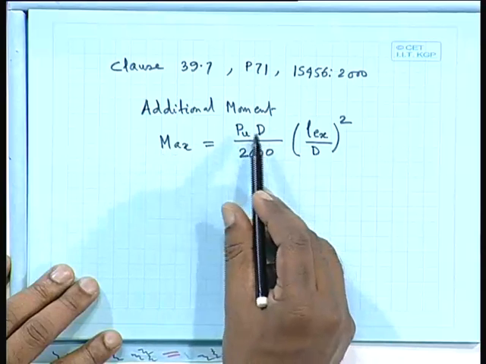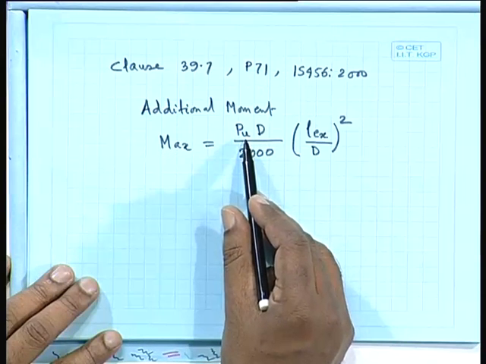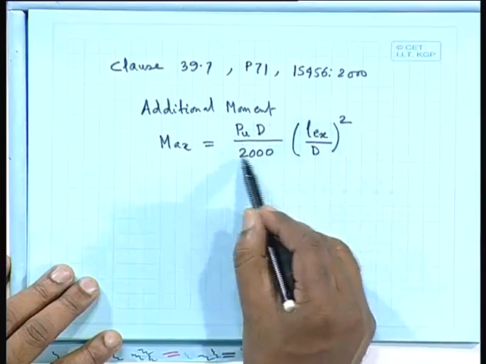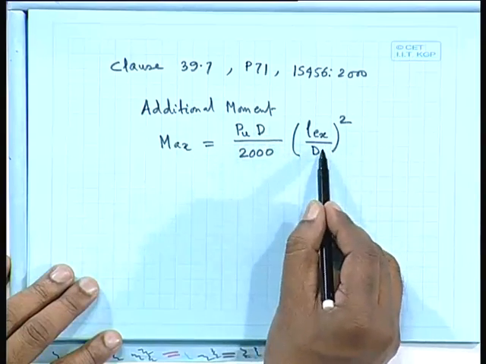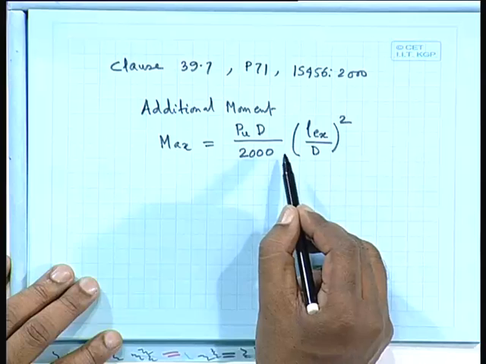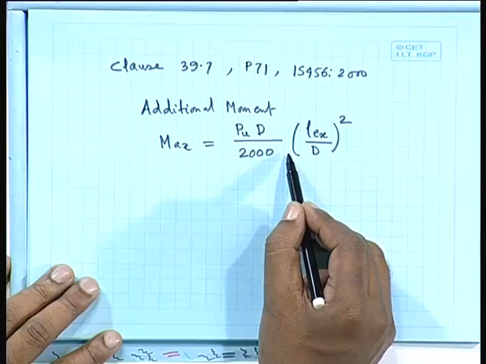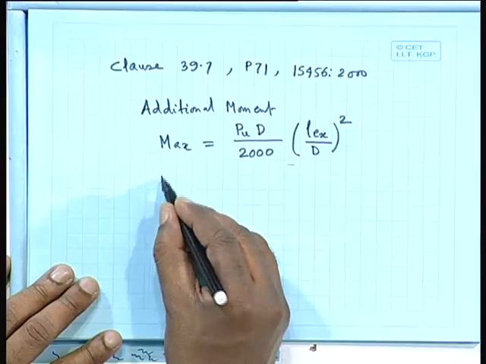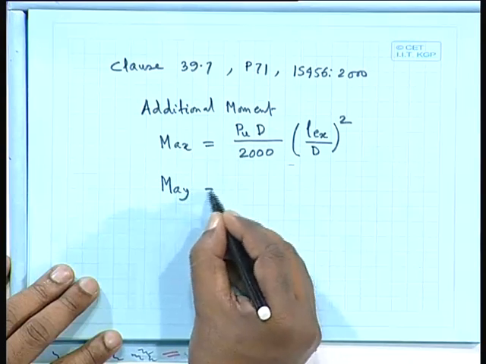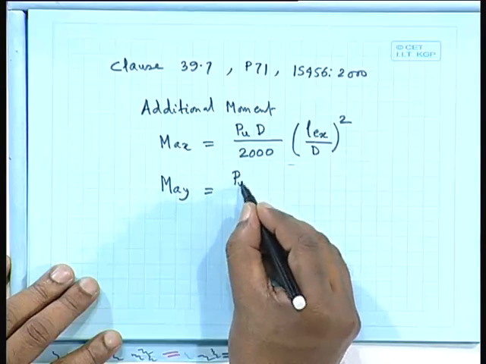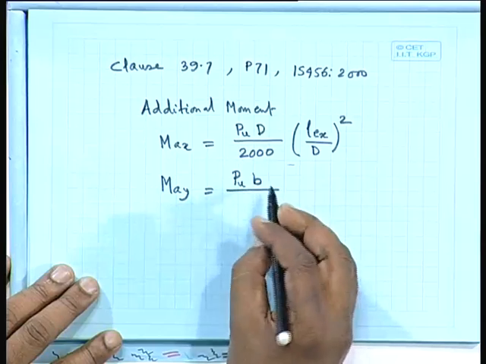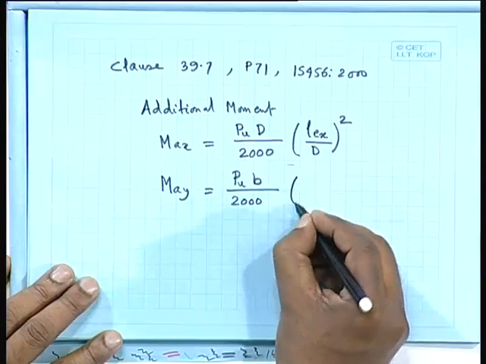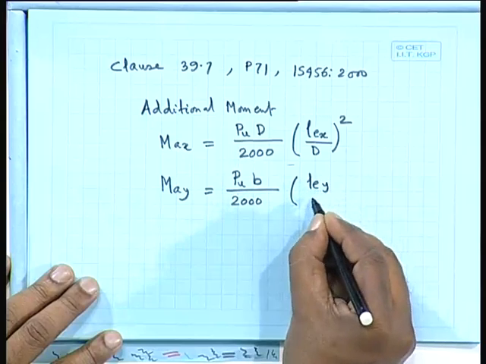We know PU is the applied load. This value, D by 2000, is nothing but the eccentricity, I can say. Indirectly we are calculating the eccentricity along X, and similarly we are calculating the eccentricity along Y, which means PU times B divided by 2000 multiplied by LEY by B.